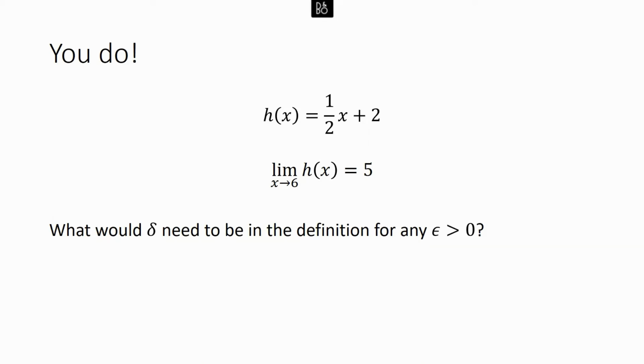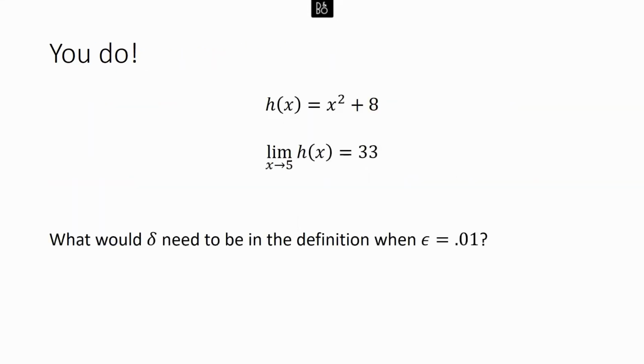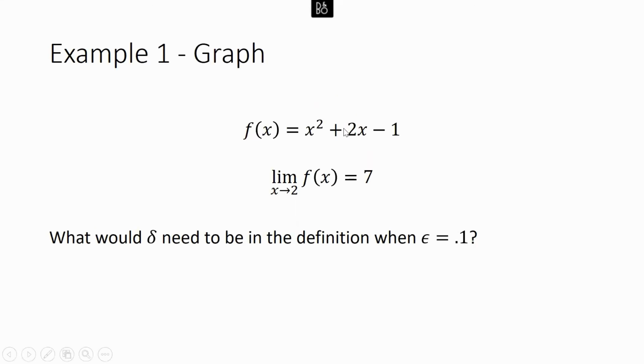I will say that when you're doing these x squared functions or a square root of x, or like we started with x squared plus 2x minus 1, sometimes the actual manipulation of those inequalities can get much, much harder. So in Calc 1, we stay with pretty straightforward, like linear functions, fairly easy functions to solve.